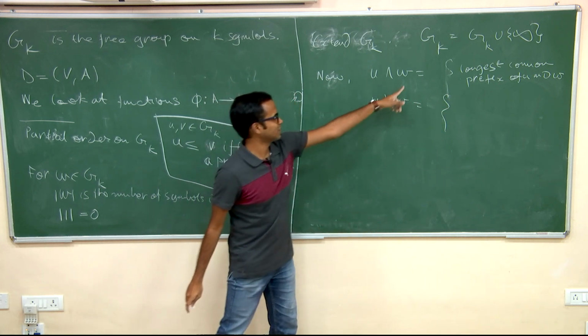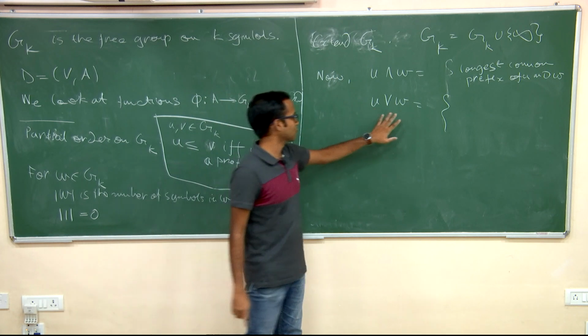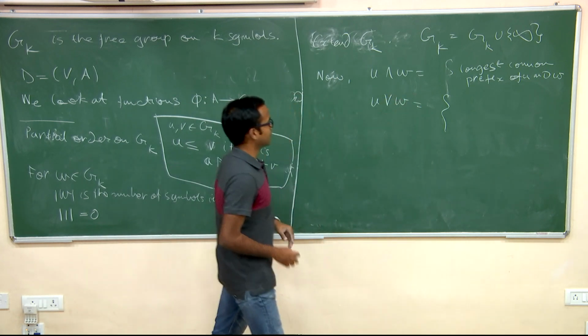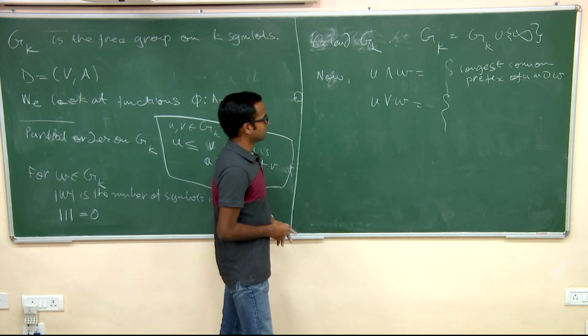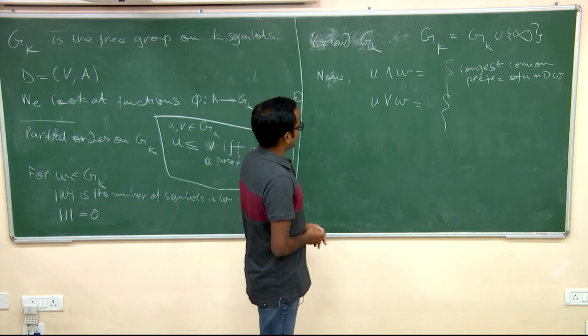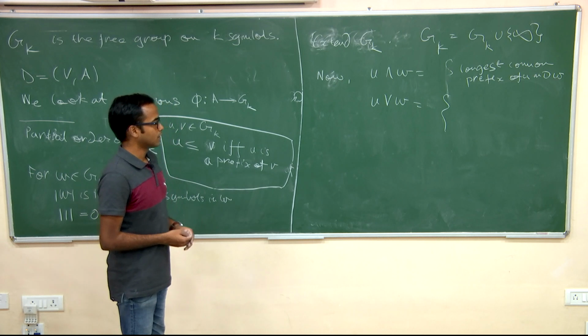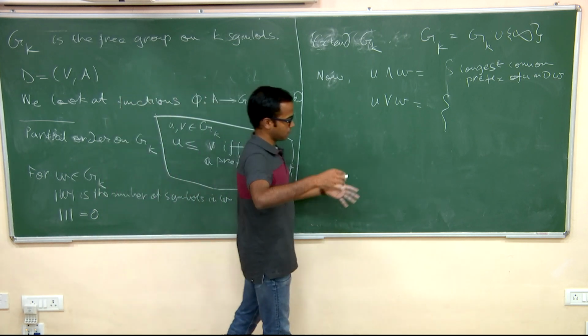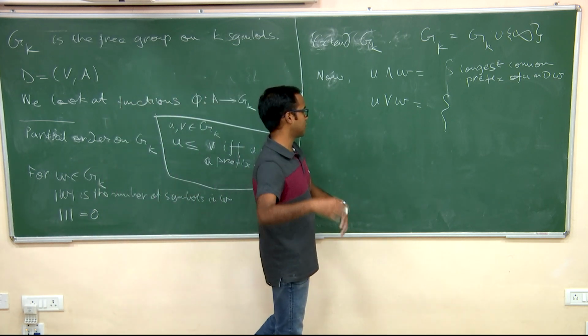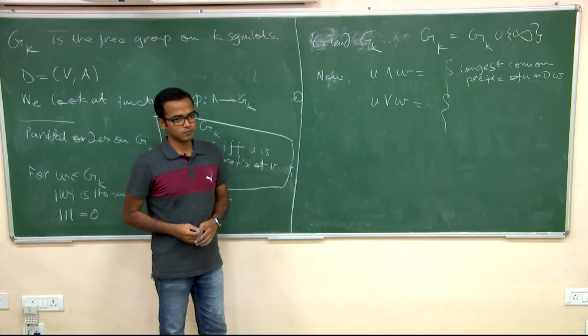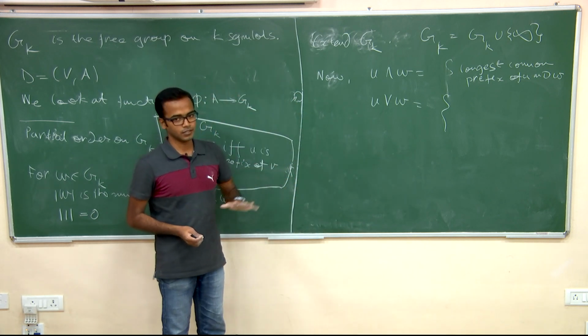This was there before, but adding the infinity gave us this function, the join. So if u and w are different, can there be a common element that is greater than both of them in the original GK?